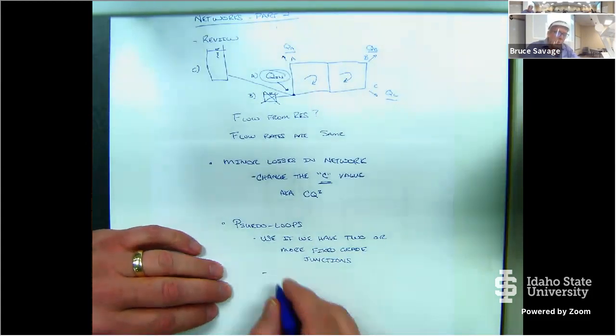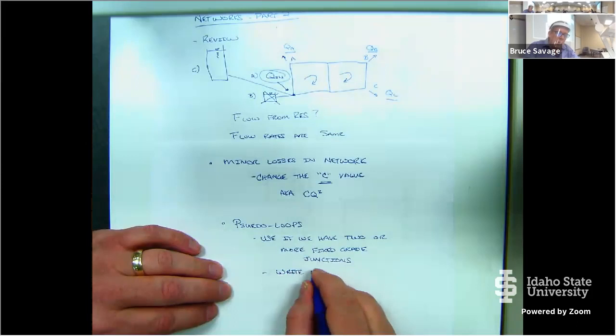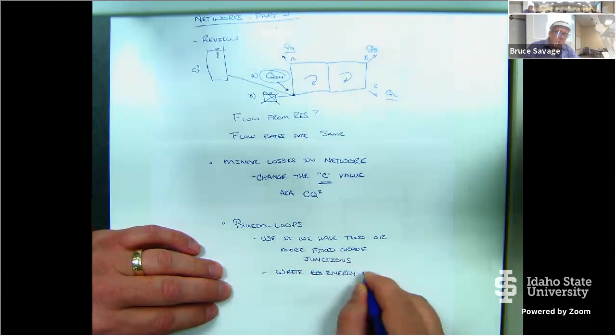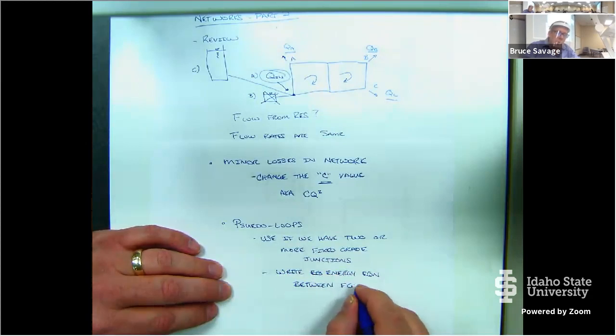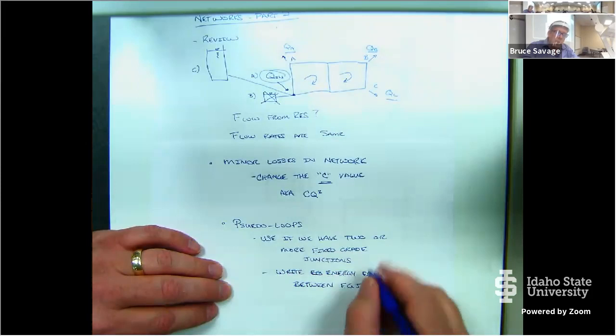And then we write the energy equation between fixed grade junction, FGJ.